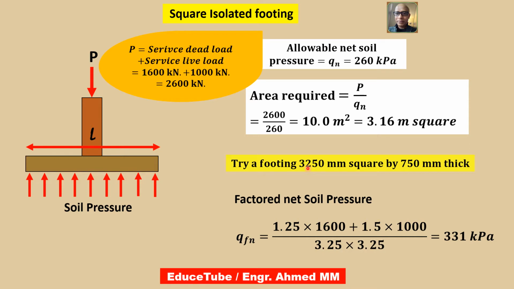From this 3250 millimeter square, we have to find the factored net soil pressure. So how to get that?